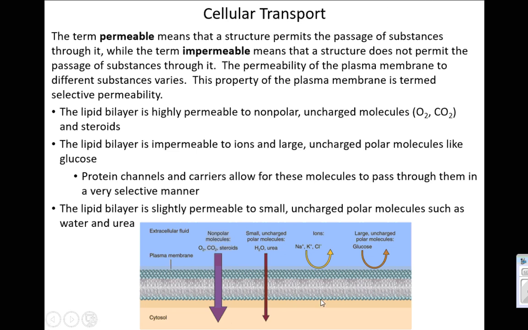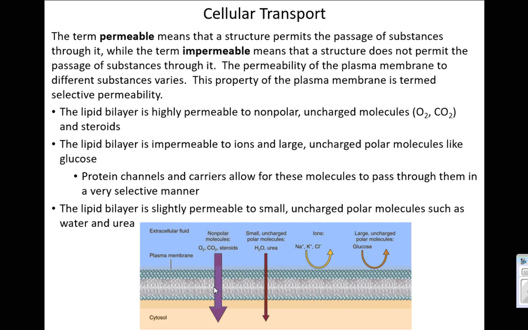Things like O2 and CO2 can go directly through with a big old arrow to illustrate it. Okay, it'd be like if we could pass directly through this wall. Doesn't need anything because they can go directly through. It's unaided.